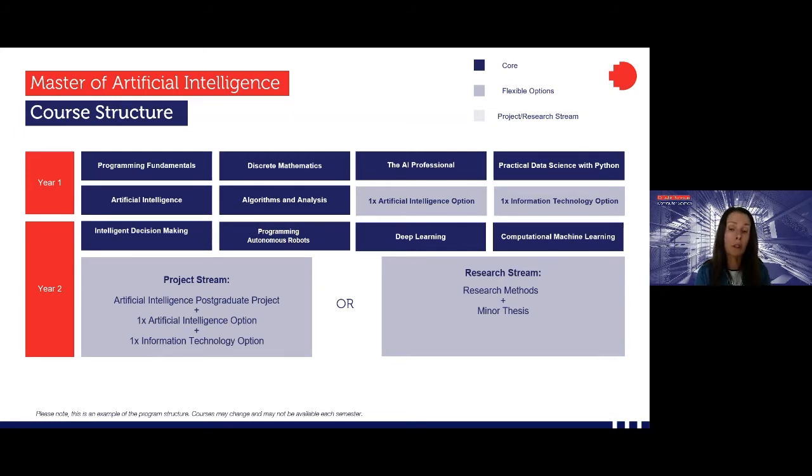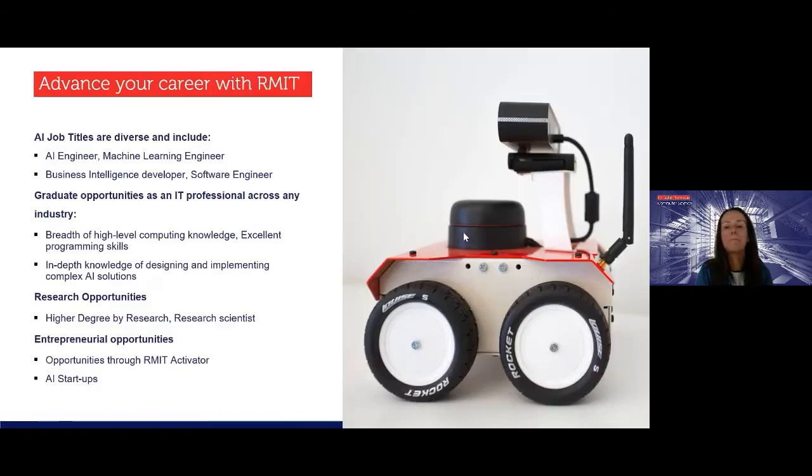For those students who are interested in research and subject to certain GPA satisfaction at that point, it gives them an opportunity to deep dive into a particular area that they're interested in, following a research methods course, and then working on a minor thesis, a research project, hand in hand with a supervisor, and submitting a minor thesis. And that opens pathways into further research, should that be something that's of interest. Yeah, next slide, please.